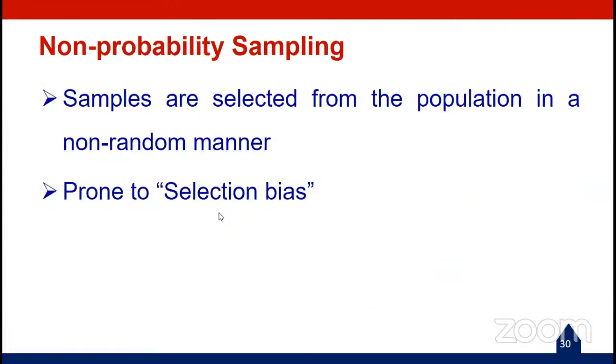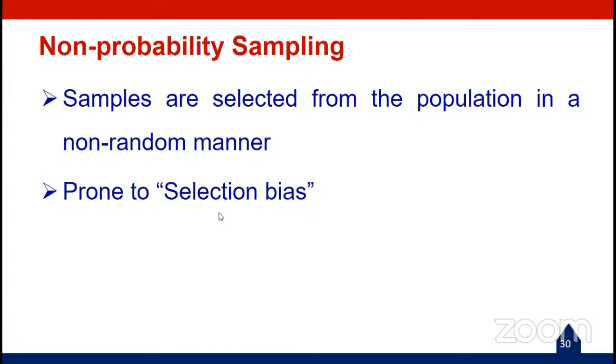As the name suggests, non-probability sampling means we select the individuals in a non-random manner. In probability sampling, we leave it to chance, that is, we assign some probabilities to the sampling units for getting selected. Whereas in non-probability sampling, we select in a non-random manner.